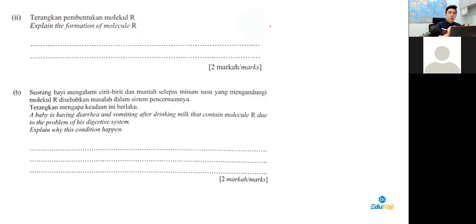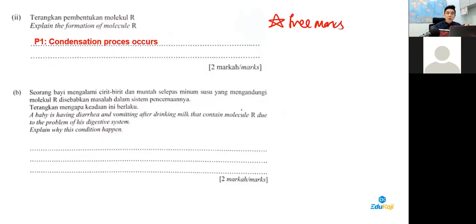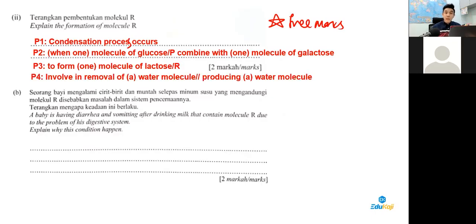It's free marks, because all you have to do is state. You state how many P, how many galactose, you get 1 mark. Process, 1 mark. How many R, how many water, you get another mark. Condensation process is 1 mark. 1 P combined with 1 galactose to form 1 R, removing 1 water molecule. The numbers are quite important. You must have 1, 1, 1.